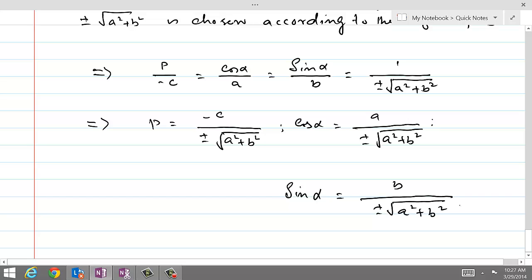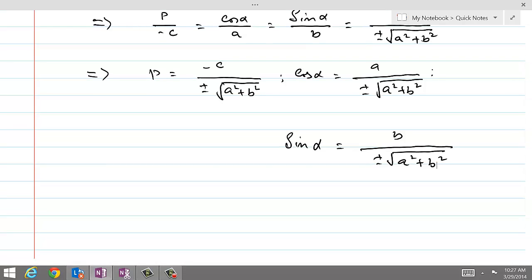There should be no confusion about the sign. We already have decided that the sign of plus minus square root of a square plus b square will be chosen as the sign of c.